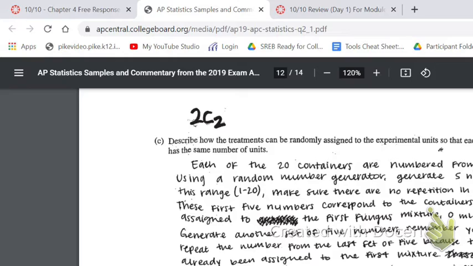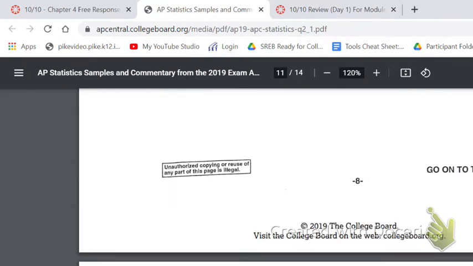Remember, you can't repeat the number from the last set of 5 because they've already been assigned to the first mixture. This set of 5 numbers will correspond to the containers being assigned to the second mixture, 1.25 milliliters per liter. Repeat this process for the 2.5 mixture and the 3.75 mixture. All 4 mixtures should have 5 containers each.